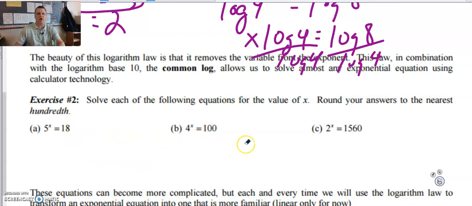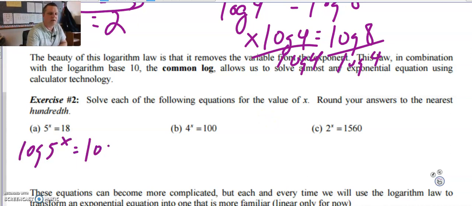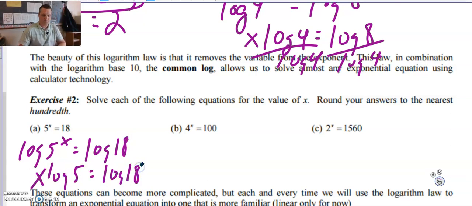So you can see they're all set up so that we already have the base raised to the exponent by itself. Log 5 to the x equals log 18. X log 5 equals log 18. Okay? There you go. Divide both sides by log 5.